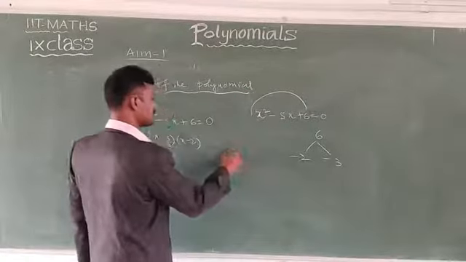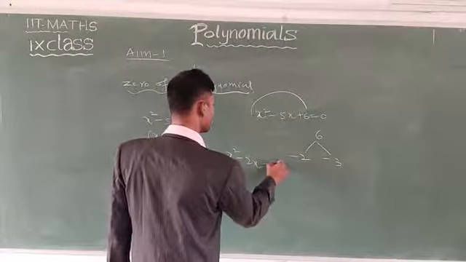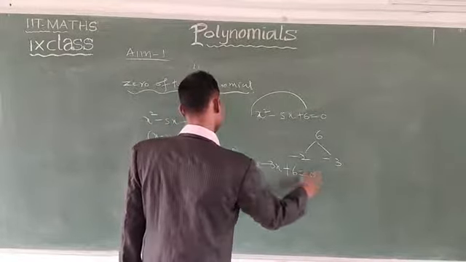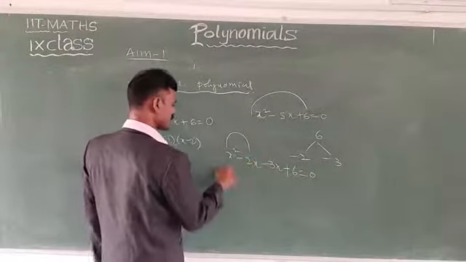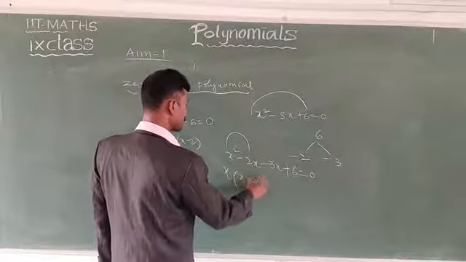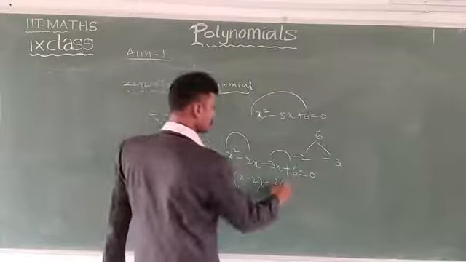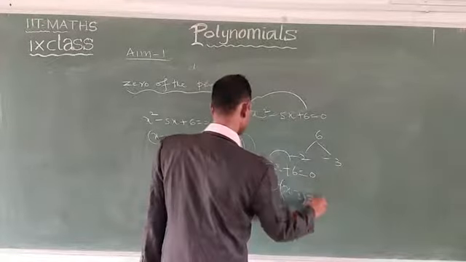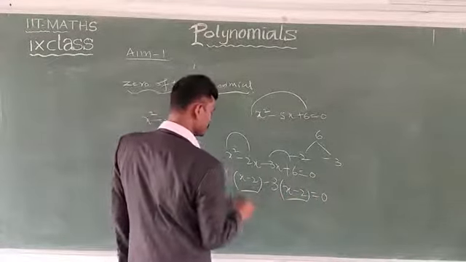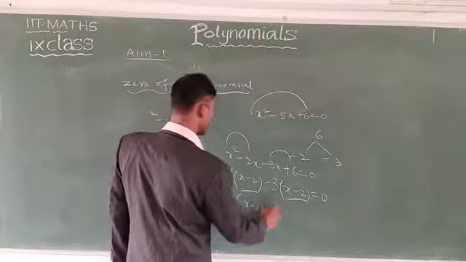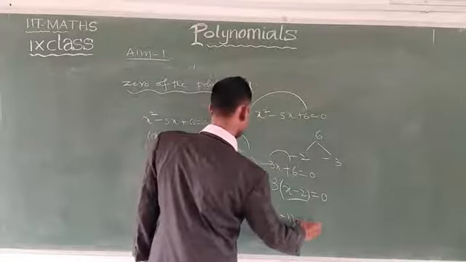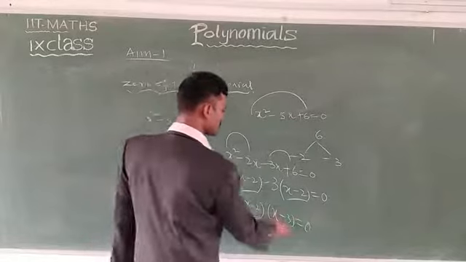Now we can write here x square minus 2x minus 3x plus 6 is equal to 0. Now in these two terms you have to take common x minus 2. In these two terms you can take common minus 3. Now x minus 2 is common, remaining x minus 3 is equal to 0. Now this term is equal to 0, this term is also equal to 0.